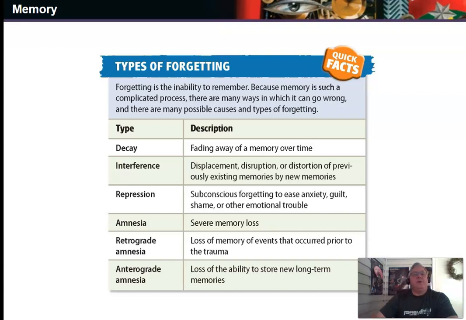The first way that we talk about memory disappearing is decay, the fading away of a memory over time. It's very hard to remember what happened in the first grade at this point in your life. Interference, displacement, disruption, distortion of previously existing memories by new memories. As new things come in, it displaces or interferes with that ability to remember.